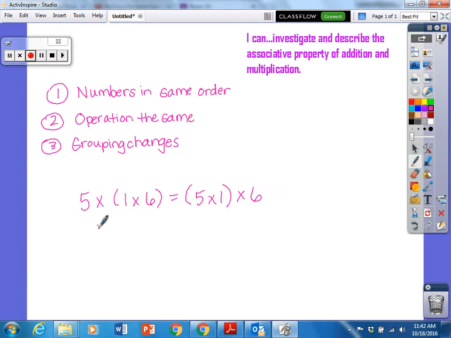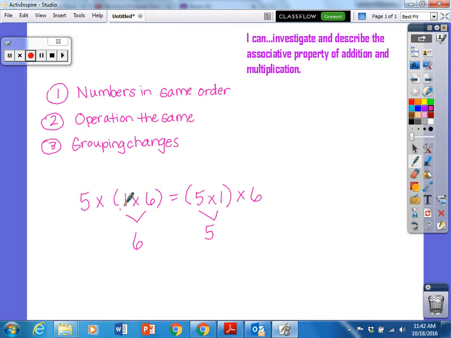Now, the reason the associative property shows equality, meaning it's equal on both sides of the equal sign, is I always do my parentheses first. 6 times 1 is 6. 5 times 1 is 5. Is 6 equal to 5? Not yet. We still have to do the other part of our associative property.